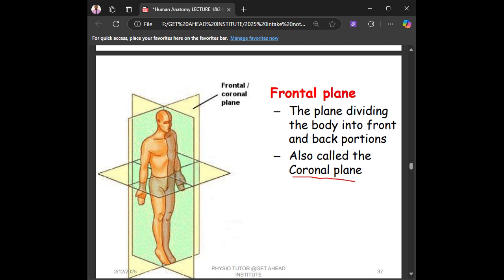This kind of plane cuts the body vertically into front and back portions. So the coronal plane cuts the body vertically into anterior, which is the front, and posterior, which is the back portions.